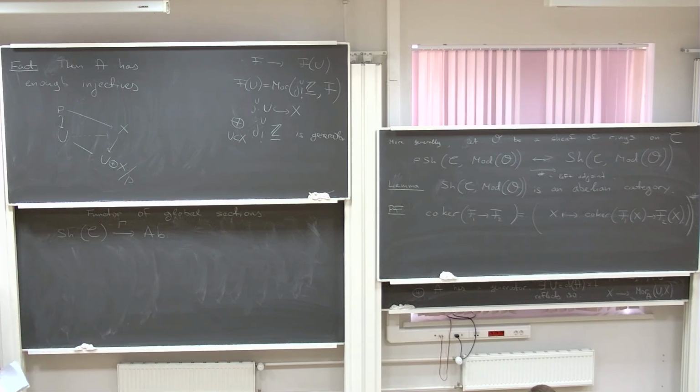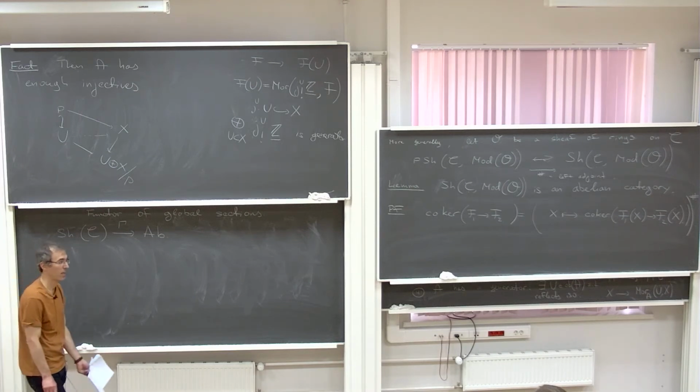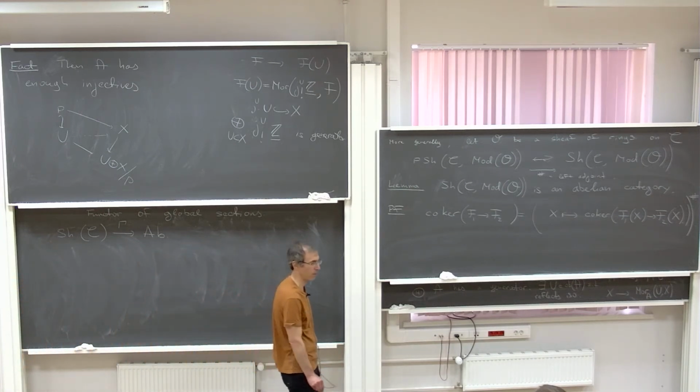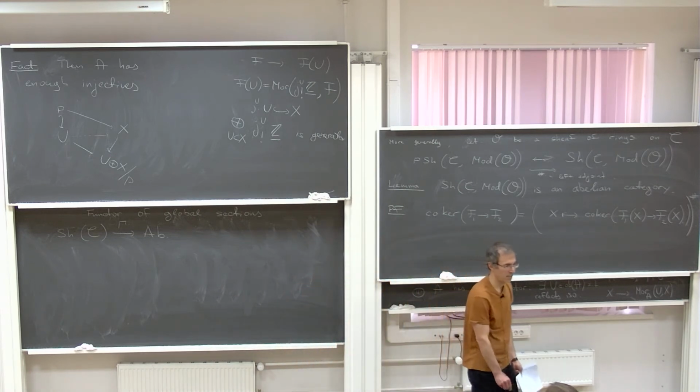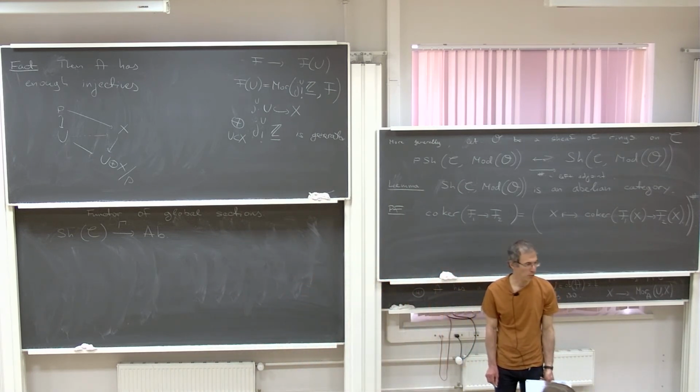What is a global section of a sheaf? How would you define it? If you have a final object, yes. But I don't assume this. It's not an assumption for a Grothendieck site. So how should you think of a global section?